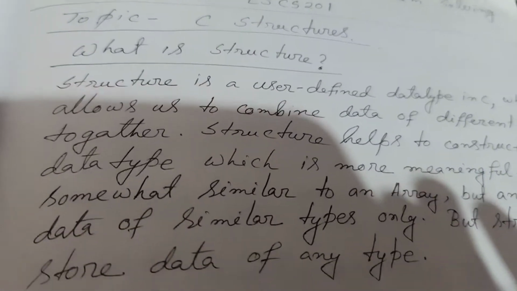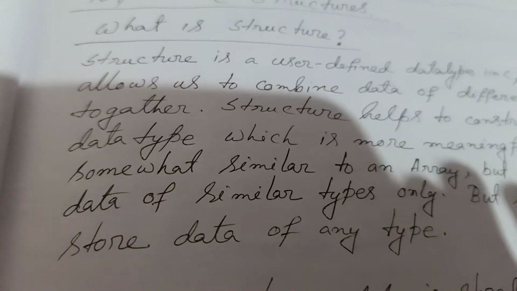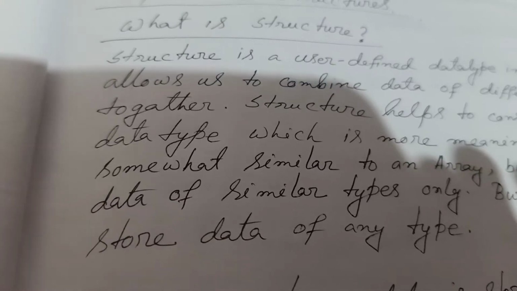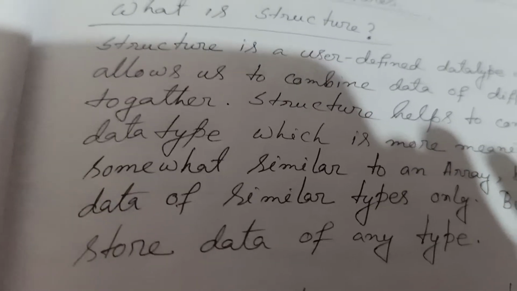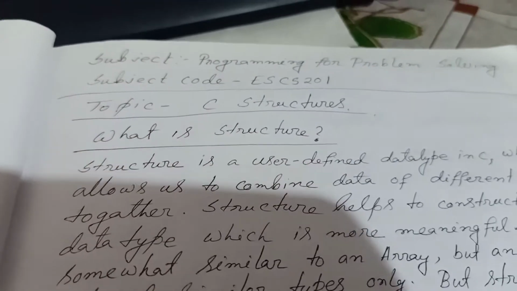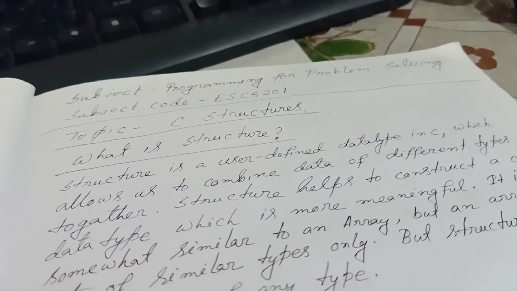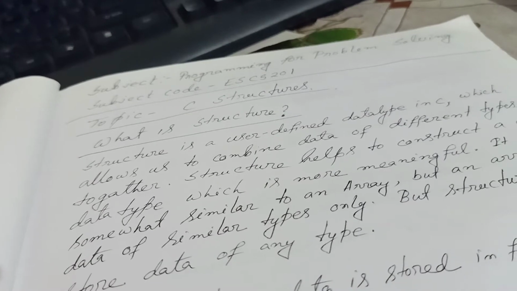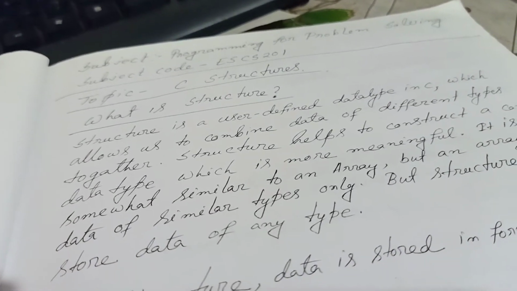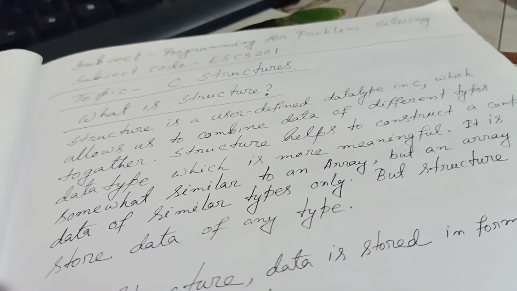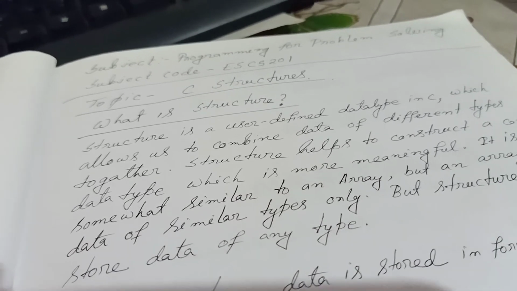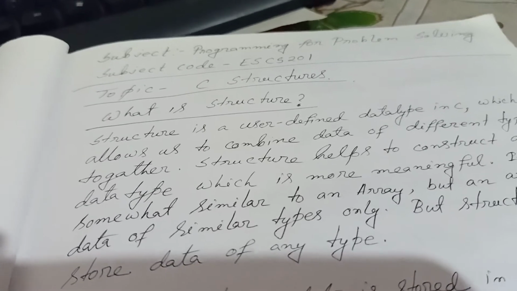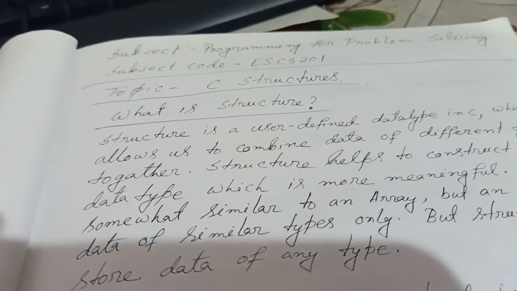Why we are using structure? To construct a record, we are using a structure. So structure is a user-defined data type in C, which allows us to combine data of different types together. These different data types are not used in an array or in any user-defined function.